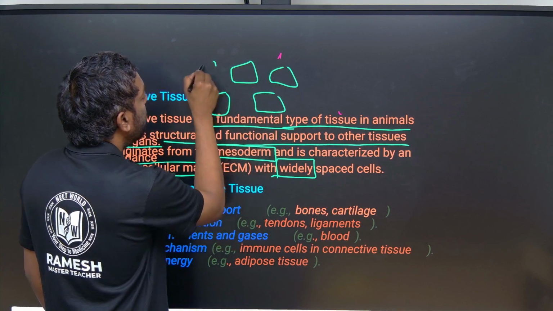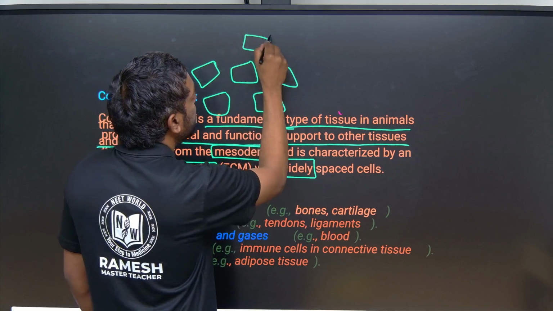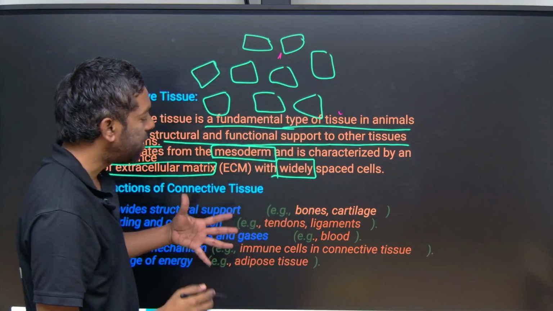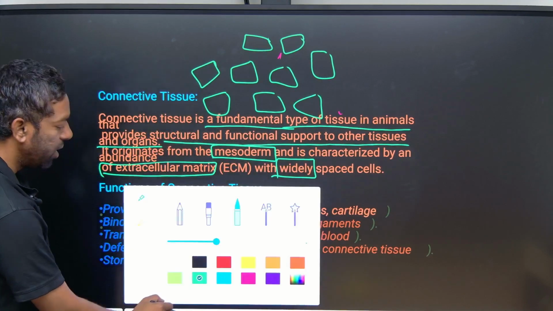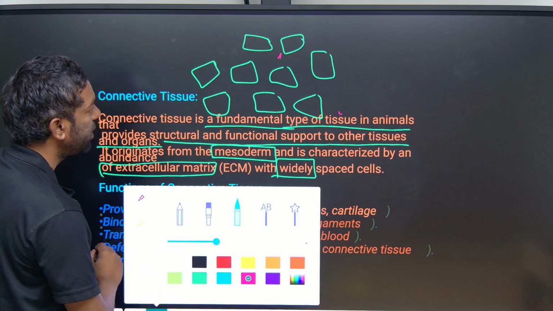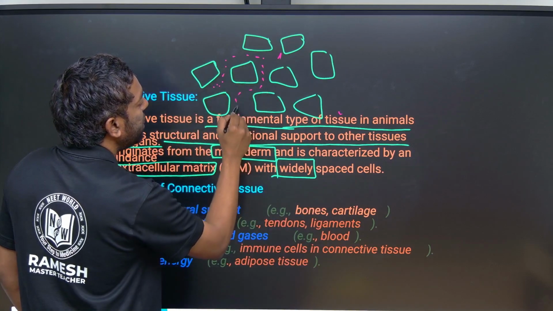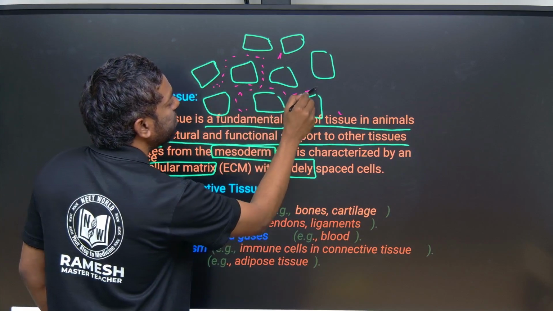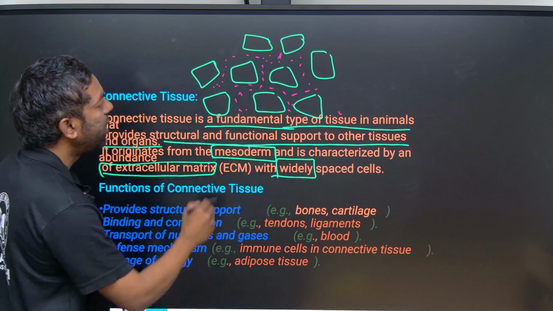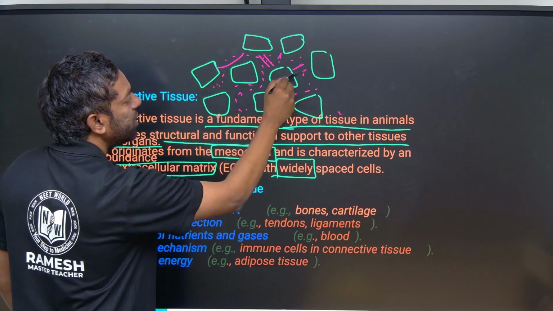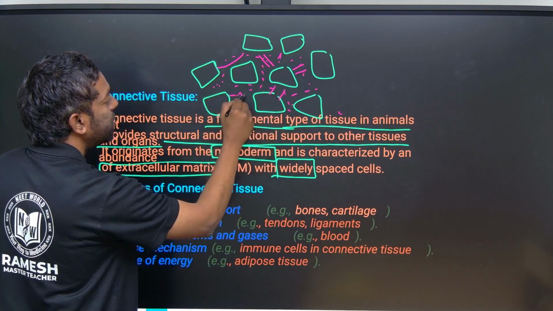What is intercellular matrix? Intercellular matrix is the space between the cells. This is the space, guys.